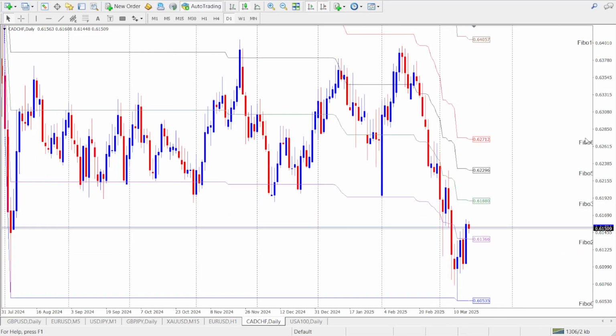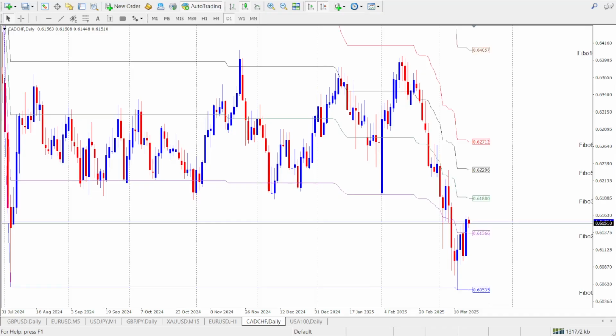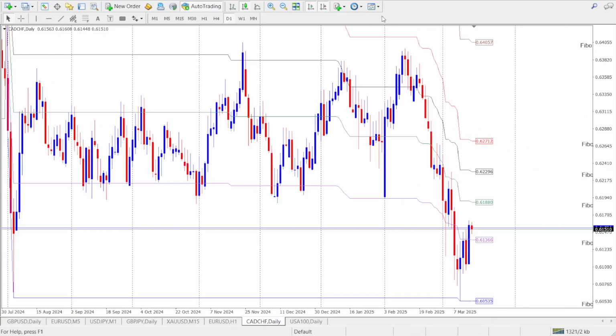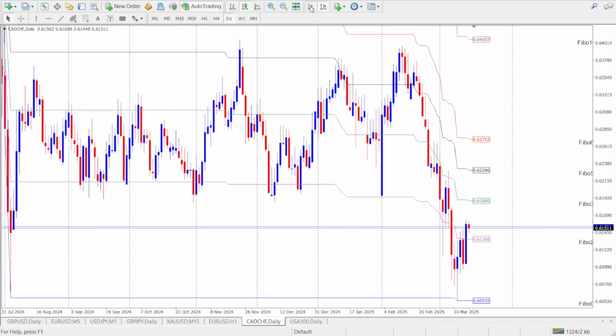This indicator automatically draws the Fibonacci retracement levels, based on price movements, making it easier to identify trend reversals, breakout points, and high probability trade setups.